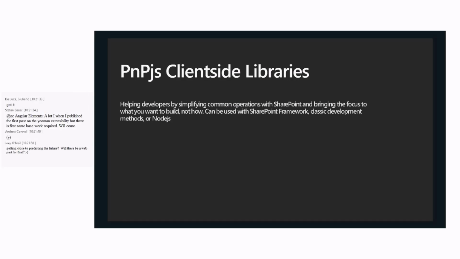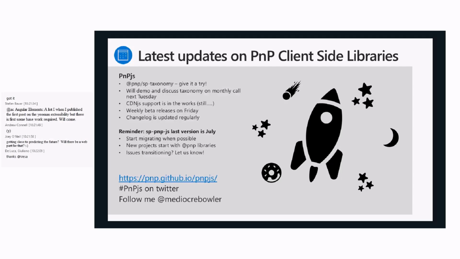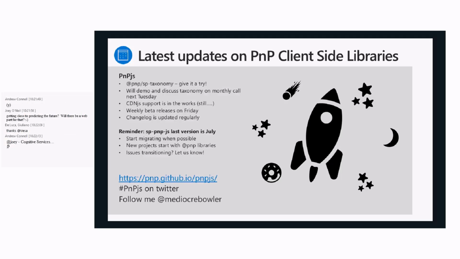Quick update then on the PnP JS client-side libraries. We did announce last week on Tuesday the @PnP SP-taxonomy. Really invite folks to give that a try, download that, and check it out. It gives you a fluent way to access managed metadata in SharePoint. It has no dependencies outside of the PnP JS libraries, so you don't need to include the SP.taxonomy or any of that stuff.